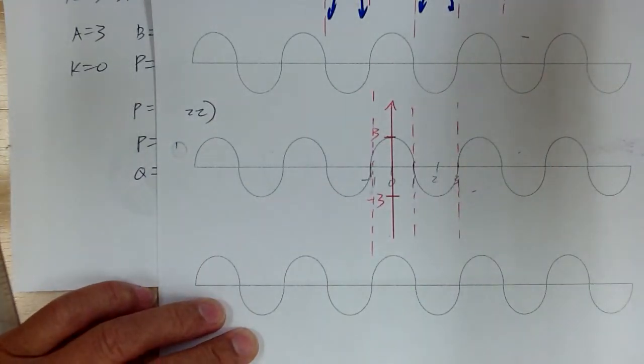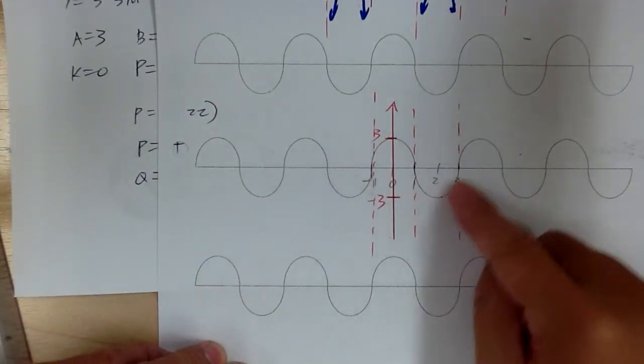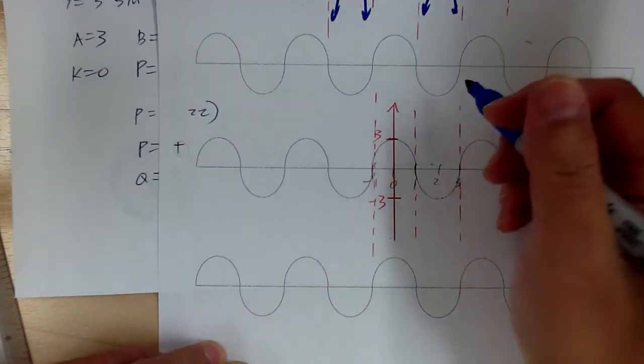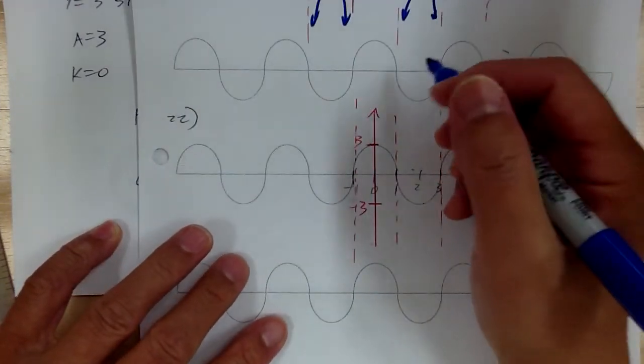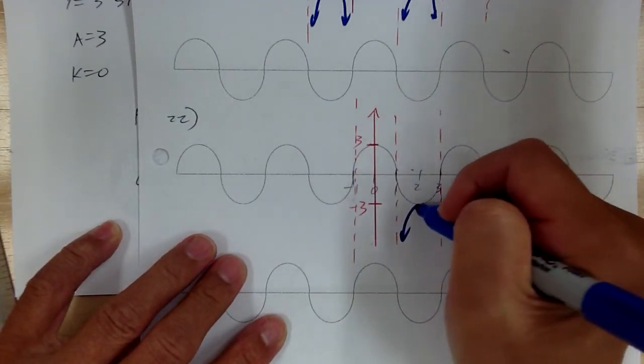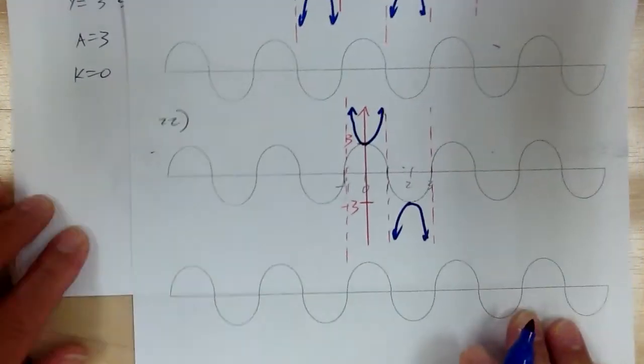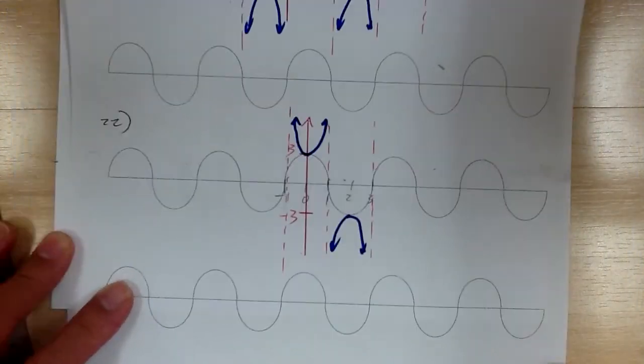Okay, and then I'm going to flip over the graph. So again, what I have right now is a graph for the sine. Then I'm going to flip it over to get cosecant. So from here, just flip it over. And that's it for number 22.